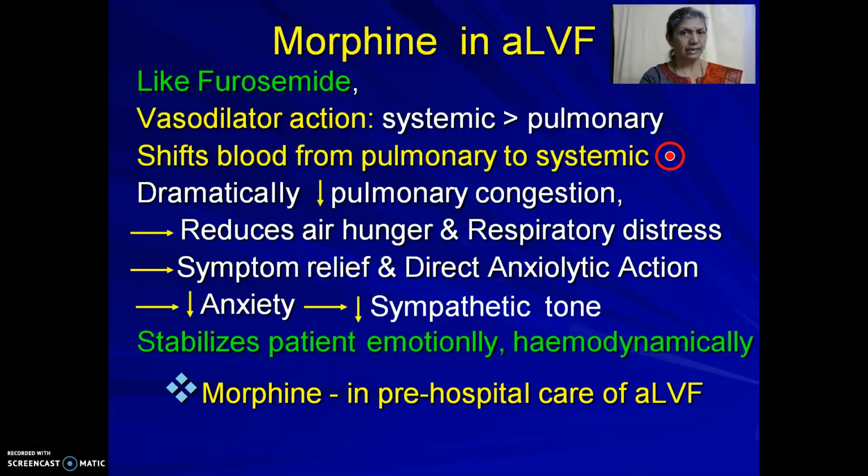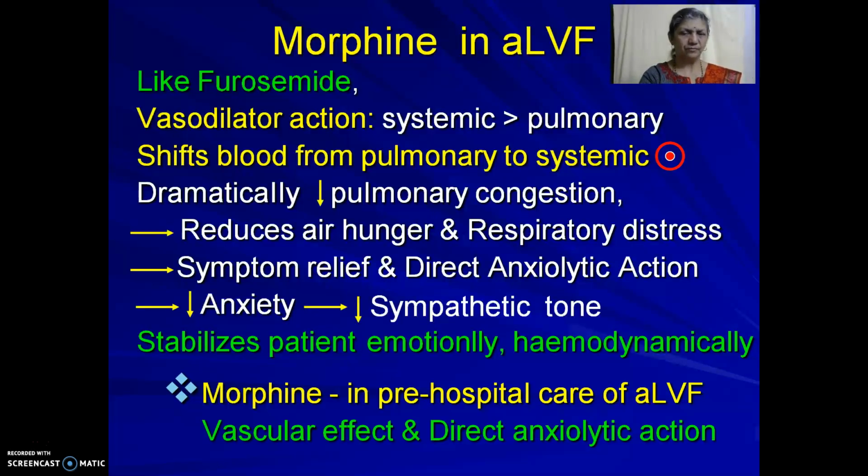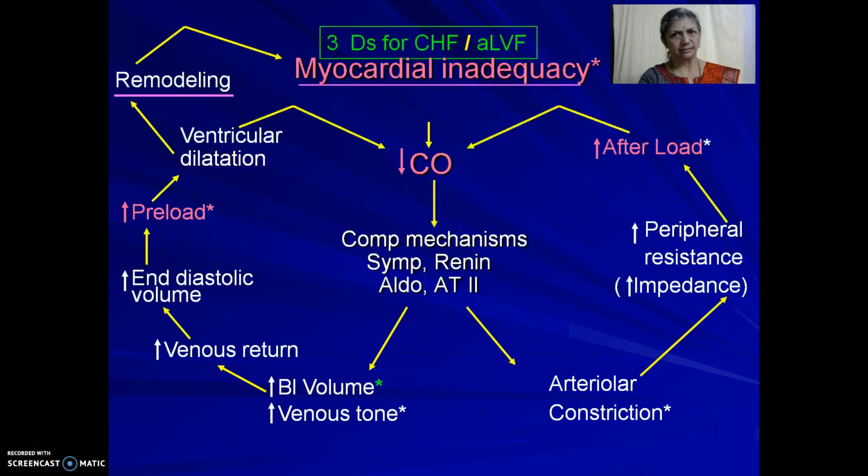So morphine also stabilizes the patient of acute aLVF emotionally and therefore hemodynamically. So morphine again is a very important drug to remember in pre-hospital care of acute aLVF for its vascular effect and in addition direct anxiolytic action. Thus we have seen that in management of congestive heart failure, the strategy is reduce workload and help the force of contraction.